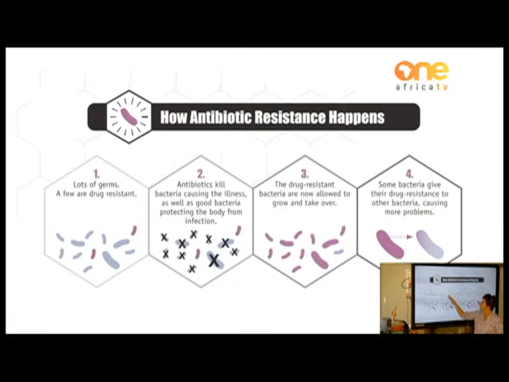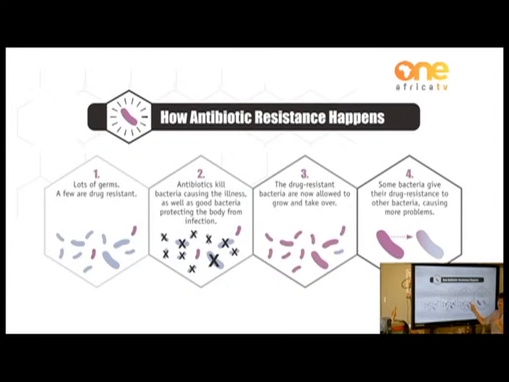Antibiotics will kill the bacteria that cause the infection, but if there are drug-resistant bacteria that can grow, especially when we do not complete our course because we think I am well enough, or we share the course of antibiotics with someone, then there are some of the bacteria that stay alive, and they are normally the ones that develop the resistance.